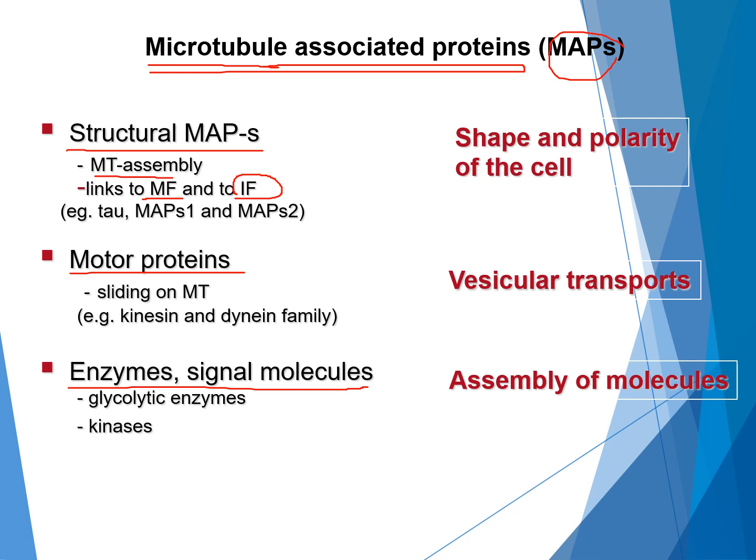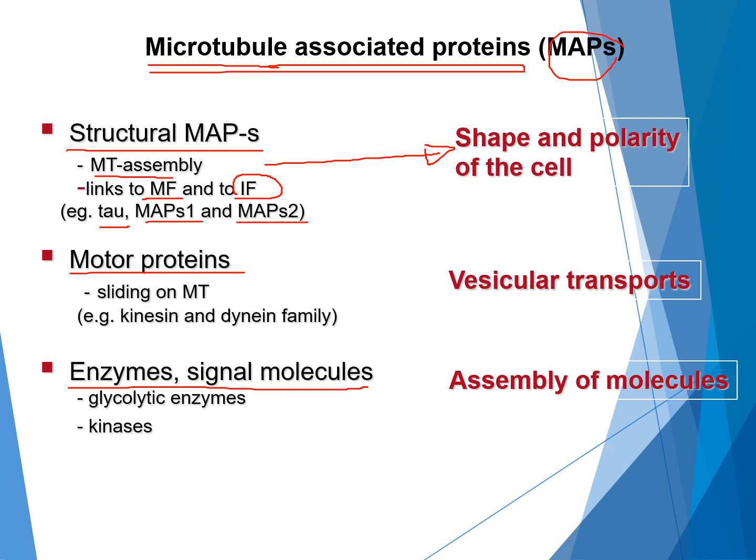The structural MAPs are important for the shape and also the polarity of the cell. Still remember about the polarity of a cell, where it has different properties between the upper side and the other side of a cell. Examples of structural MAPs are the TAU protein, MAP1 and MAP2.